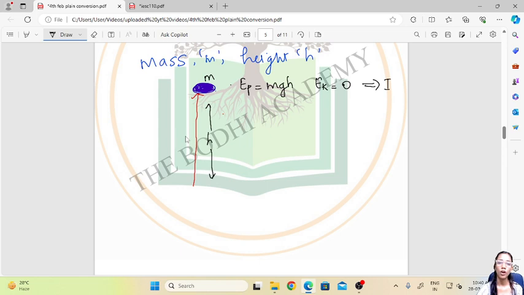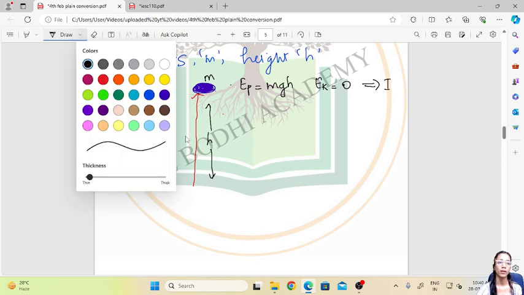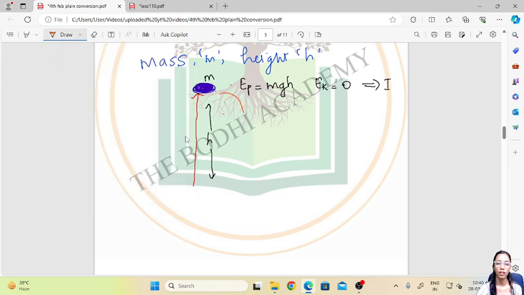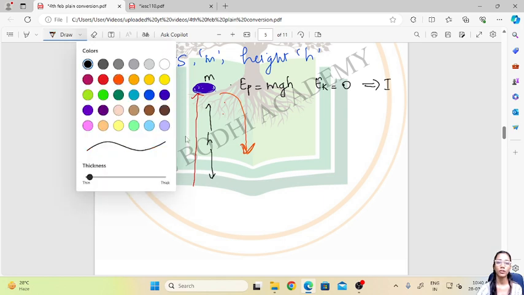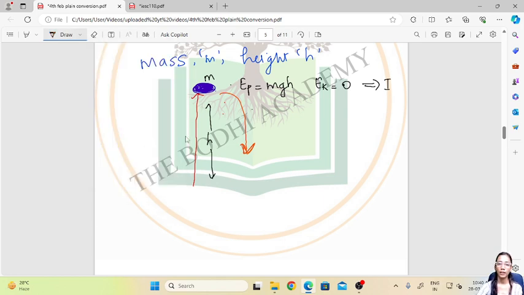Now when the object is falling, when it is in between, what will be the situation? When it is falling, EP becomes 0, and because it is moving with a velocity, what comes into the picture? We have half mv square.